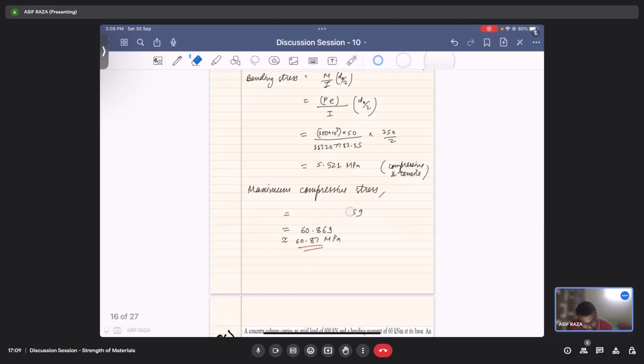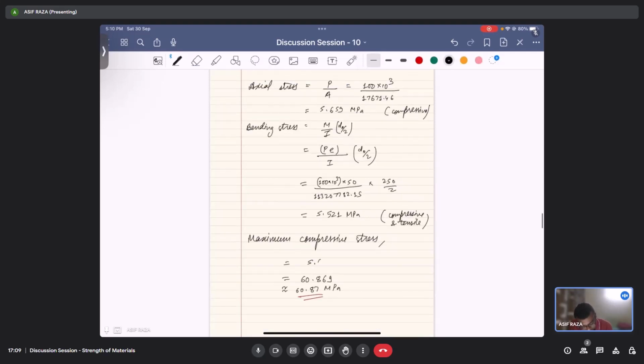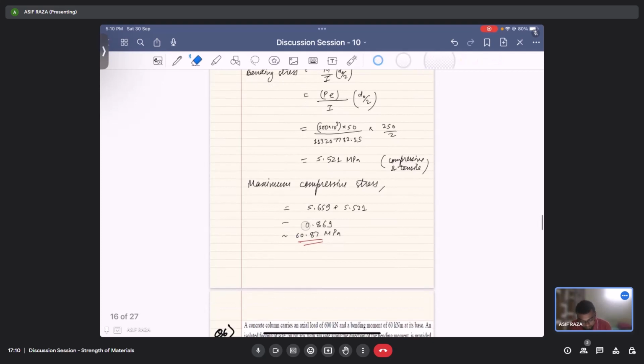Okay, so 5.659 plus 5.521. This comes around 11.18 megapascal.